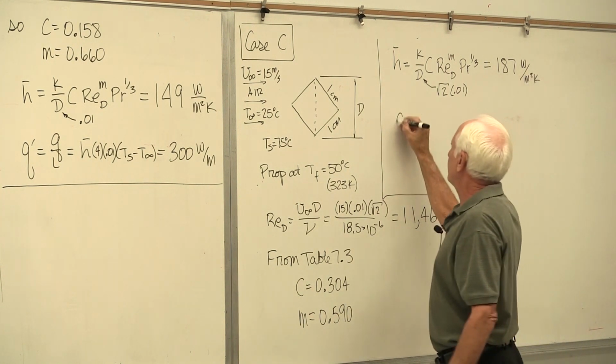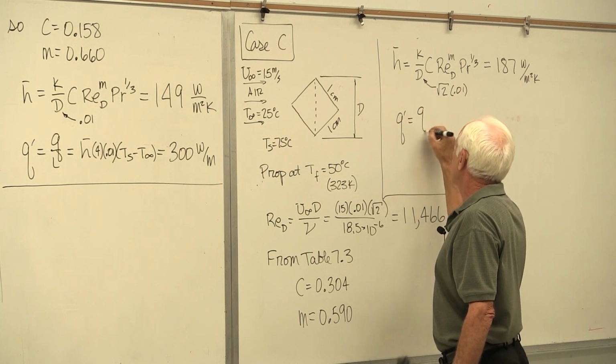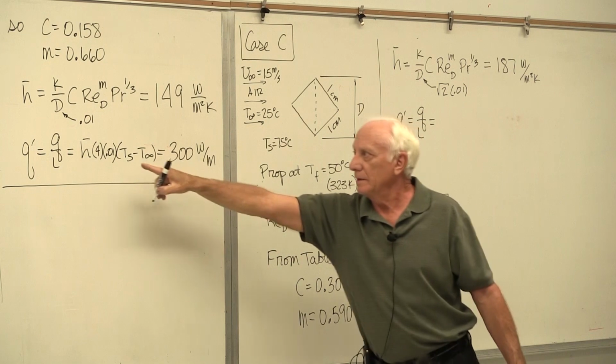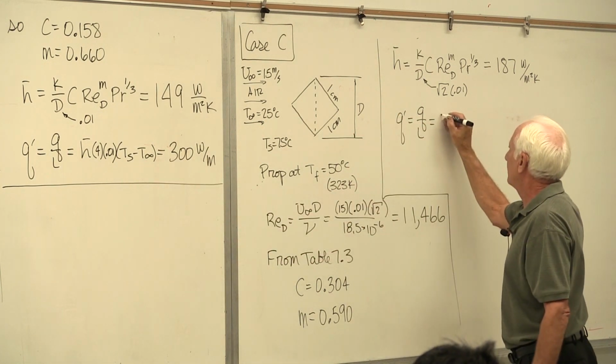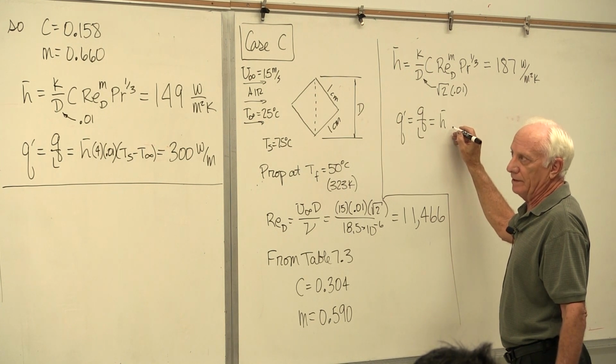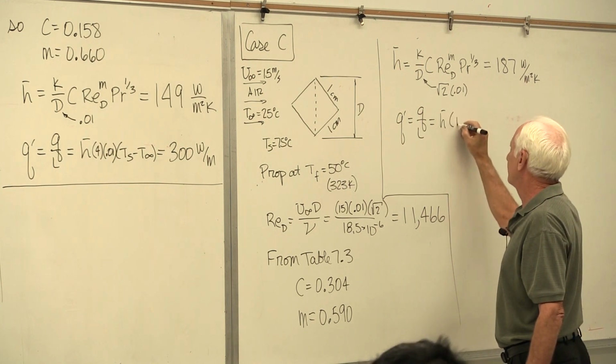To get Q prime, Q over L. Okay. H bar times the surface area. There are 4 sides touching air. Each one is 1 centimeter.